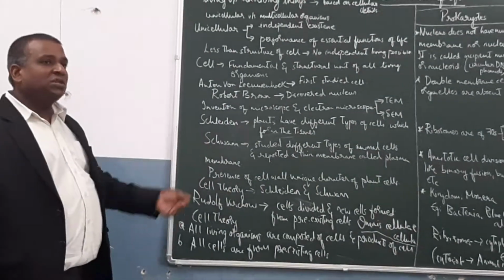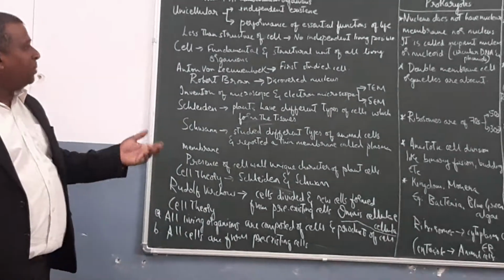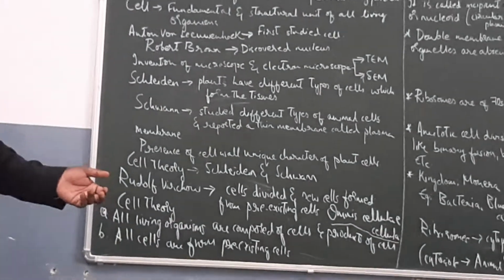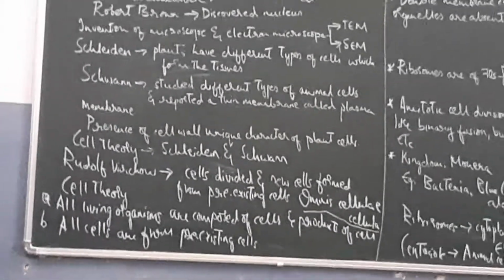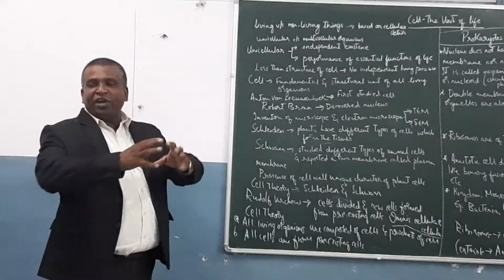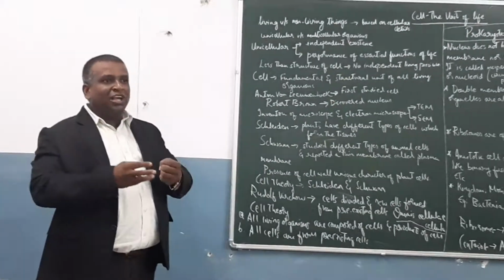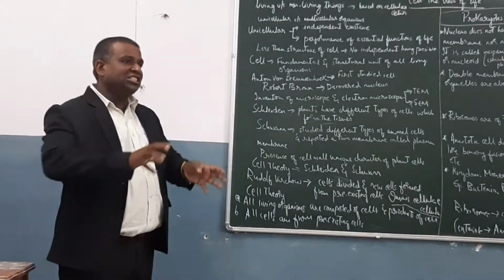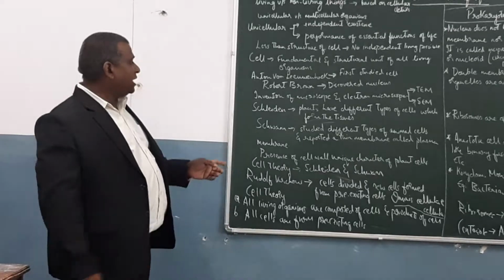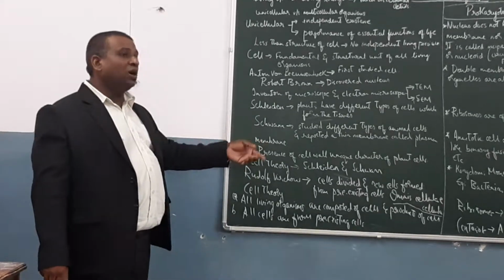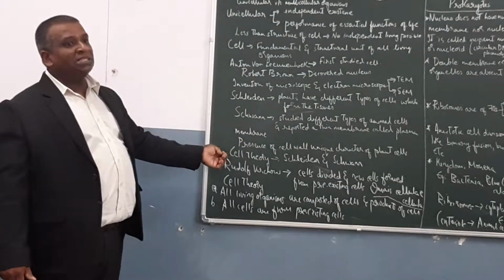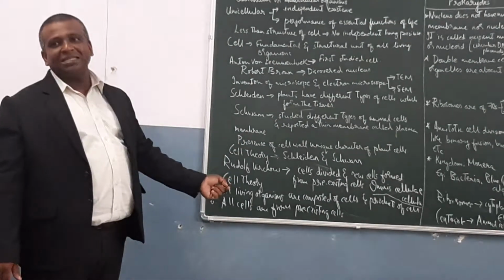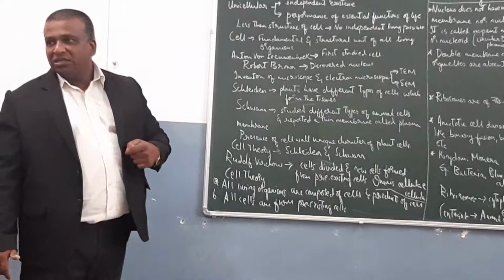Schleiden was a botanist who studied plants having different types of cells, which together form tissues. When you take a section of stem or root, you find tissues there. There are a large variety of cells which together exist as tissue. Schwann was a zoologist who studied animal cells and reported the presence of a thin membrane which we call the plasma membrane or cell membrane.